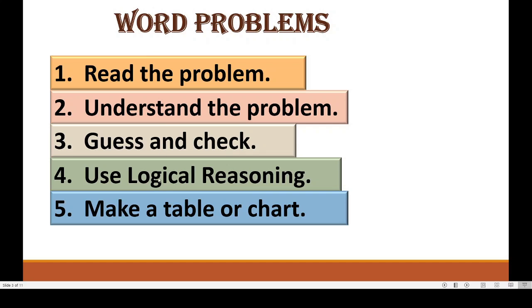Means after understanding we have to go logical. Logically means we have to think logically. Okay. Last one is make a table or chart. Okay, now we will proceed to the word problems and we will solve some of them.